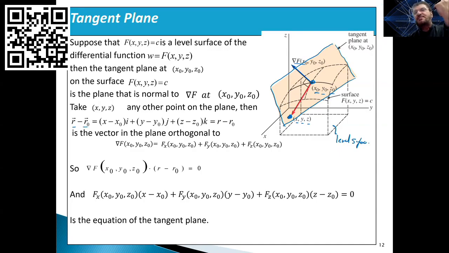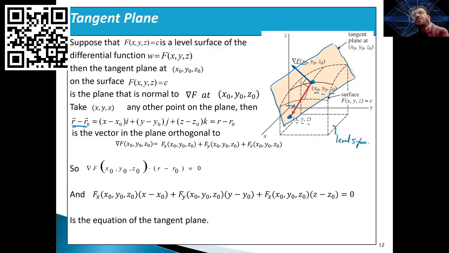So it's going to be x minus x naught i, y minus y naught j, and z minus z naught k, right? So I'm going to write it as a vector that goes at the origin. This is how we present a vector that is hanging in space. Remember, we subtract the endpoint from the big endpoint, and this is our red one. So this is exactly the red arrow.